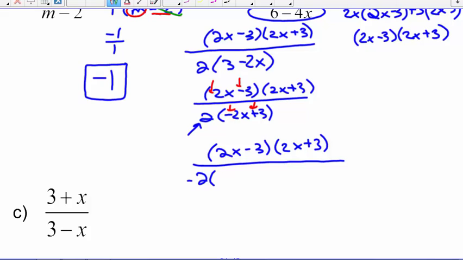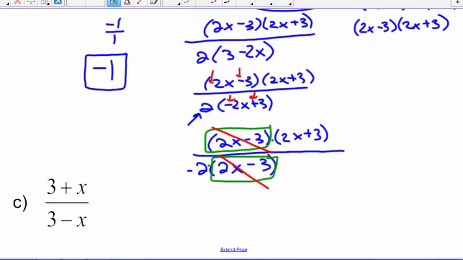What do I have left? Well, negative 2 times what is that? If I pull out the negative, I think I get 2x minus 3. So now, on the top and on the bottom, I have a 2x minus 3. Things are being multiplied there, so I can cancel those out. On the top, then, I'm going to have 2x plus 3.